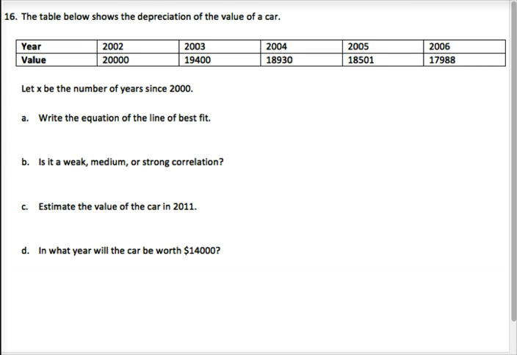Now, the last question is going to ask you to do that regression line that I taught you to do on the graphing calculators. All right? So it is very important that you remember how to do this. So remember, when you are trying to find the regression line, the first thing you need to do is input the data.